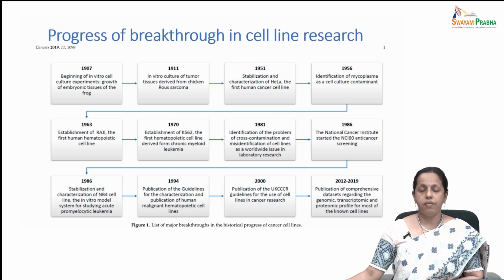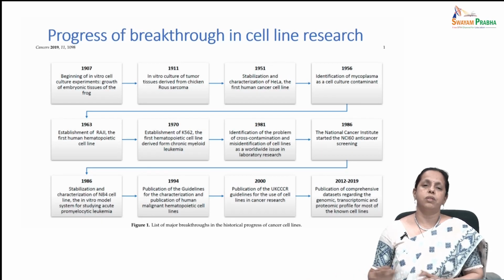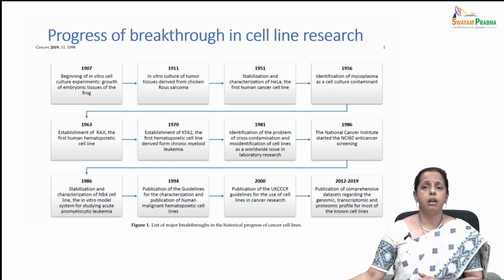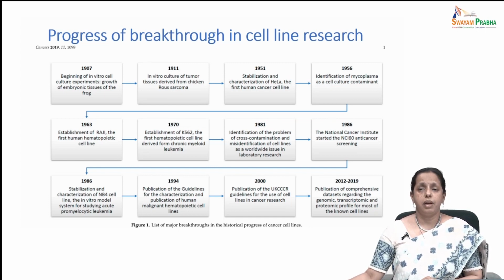Until now, we have comprehensive data sets regarding the genomic, transcriptomic and proteomic profiles for each of these individual cell lines. This is very important for drug discovery, so having a well authenticated cell line is very important.